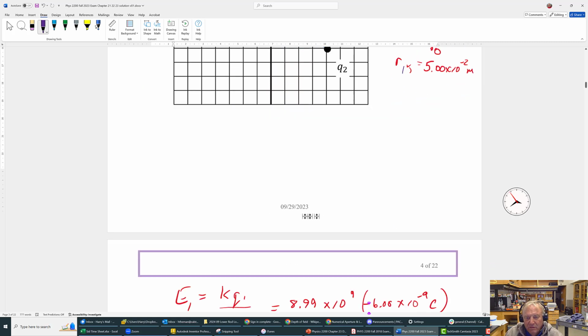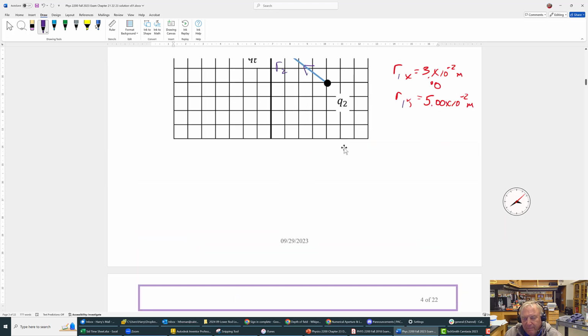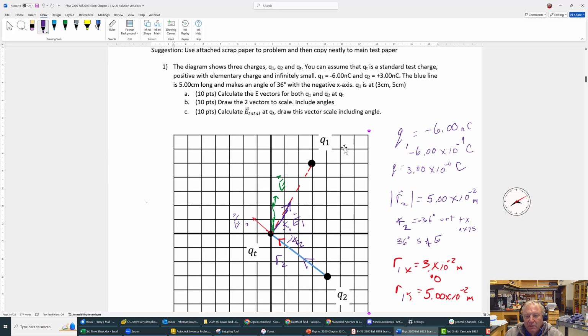So, oh, but we can be a little clever, I think. Right, so we can use sine and cosine.